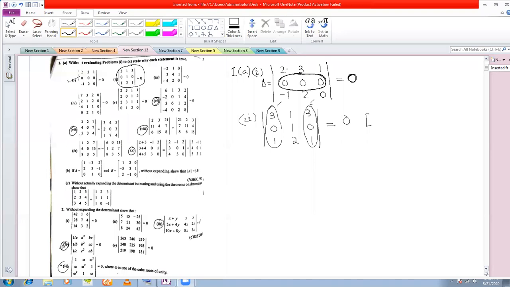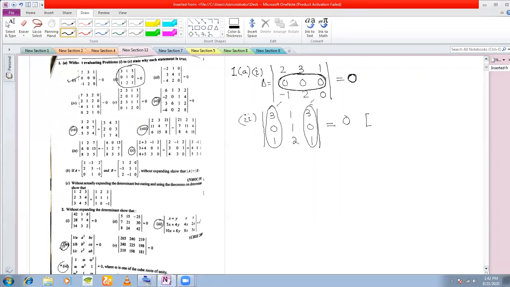Okay, so I'll give my reason here: because this column and this column are identical, since the first and third column are identical. So this is my reason.